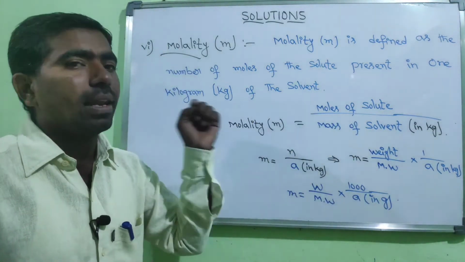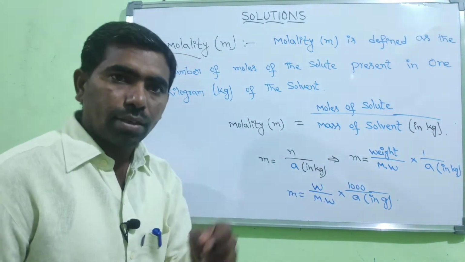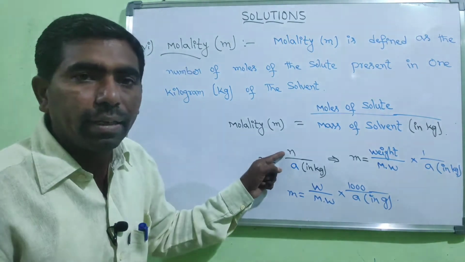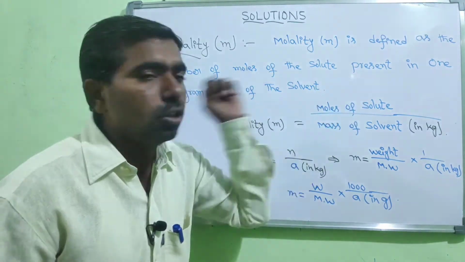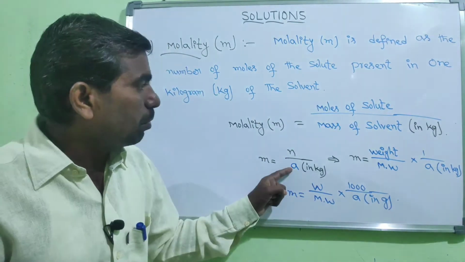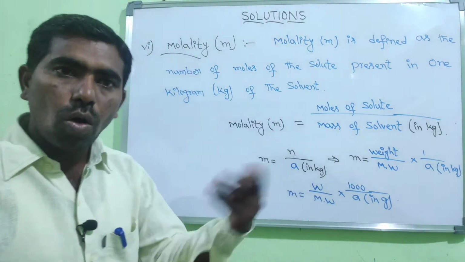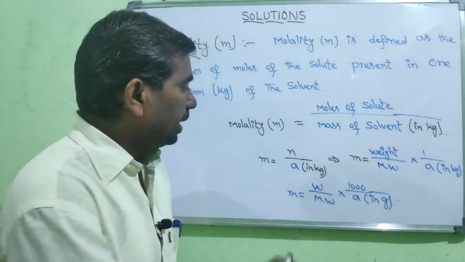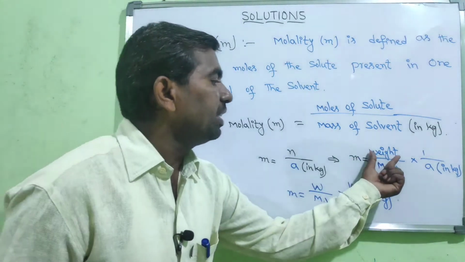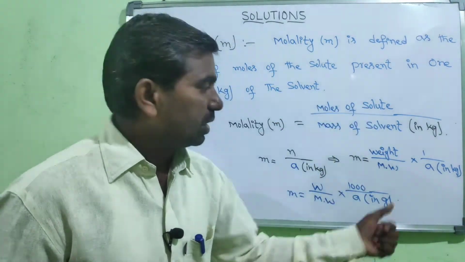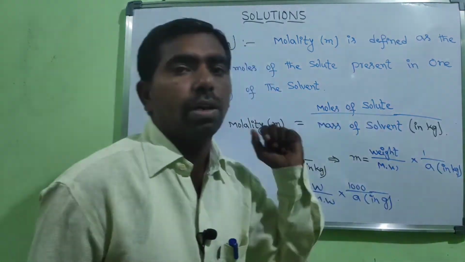So that means how many moles of solute are dissolved in 1 kilogram of the solvent is known as molality. Another mathematical equation I have written here: small m equals small n, which represents moles of solute, divided by small a, which represents mass of solvent in kilograms. Or m equals weight divided by molecular weight, which represents moles of solute, into 1 by a in kilograms.